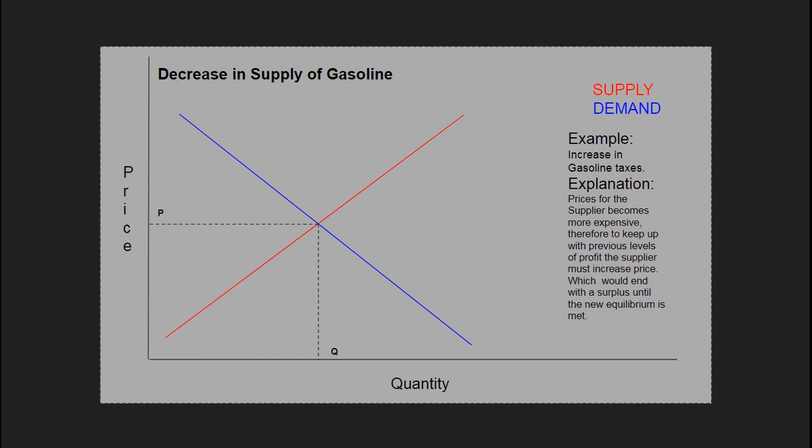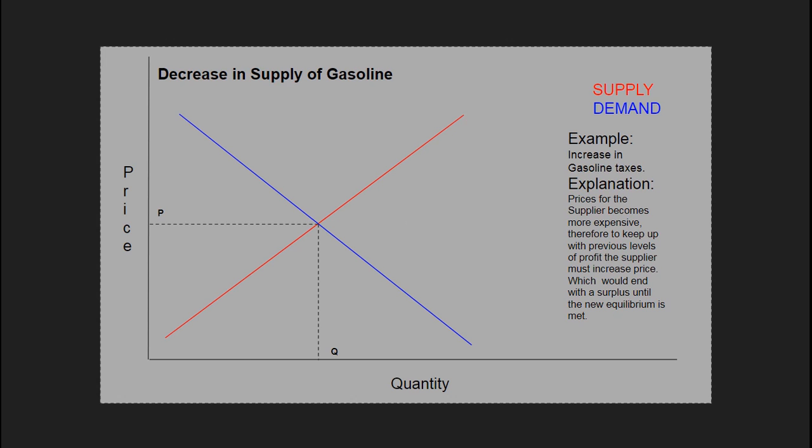Example, California. We have notorious tax rates on gasoline. Let's say that they chose to increase the taxes. What would happen is, more likely than not, it would come out of the pocket of the consumer rather than the pocket of the supplier. So they will increase their prices to match their previous levels of profit until a new equilibrium is met.